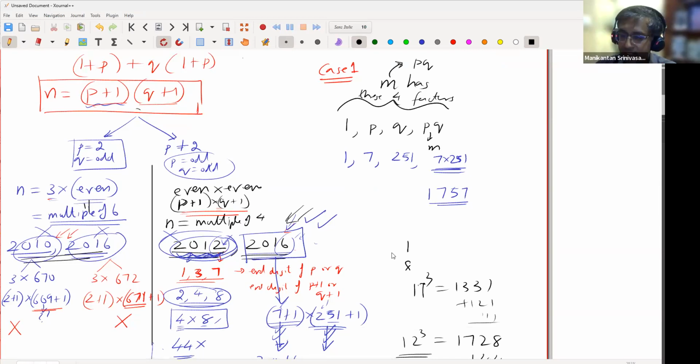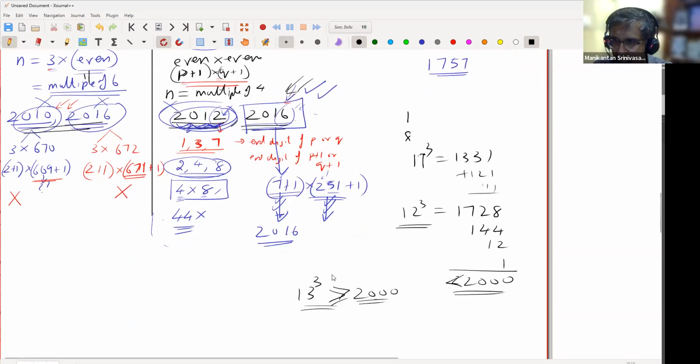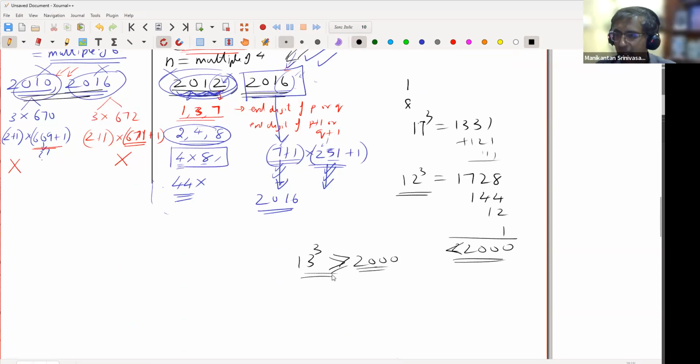Forget this problem. For any number, if I group them as pairwise factors, one of the factors will be less than or equal to the square root, right?